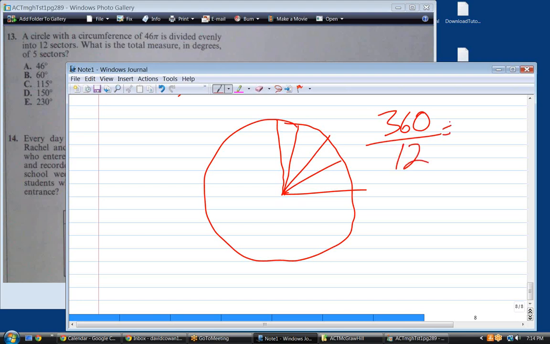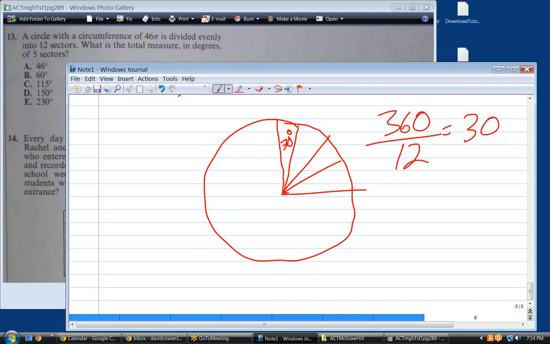What's the measure of each sector? 360 divided by 12 is 30. So every one is 30. How much are 5 of them? 30 times 5, and that would be 150.